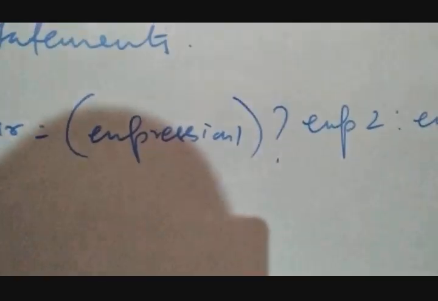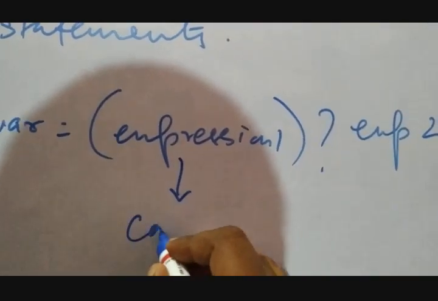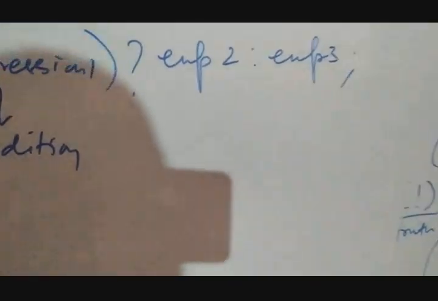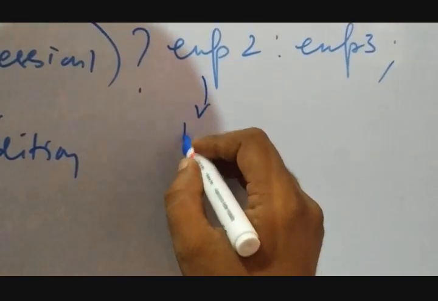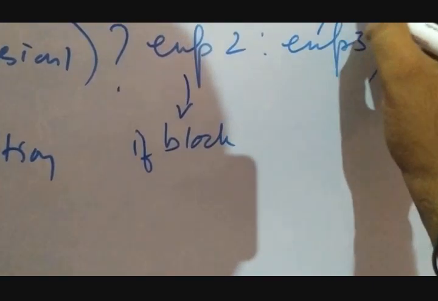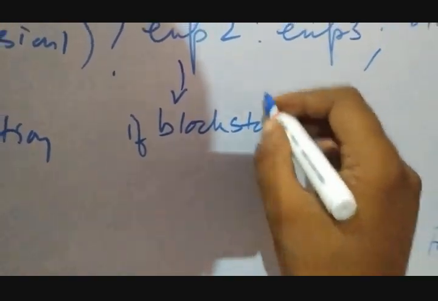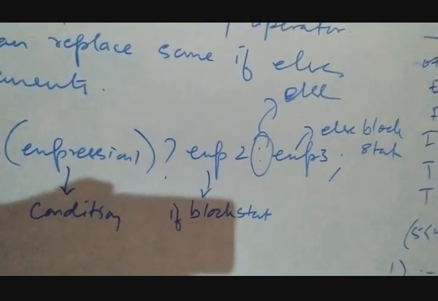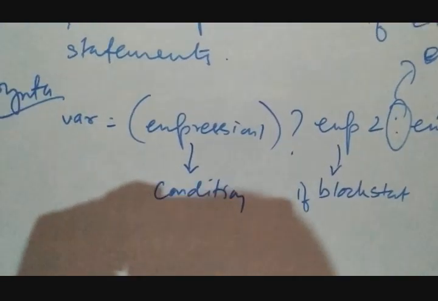Now what is expression 1? In expression 1 we write a condition. Here we write the if block statement. Here we write the else block statement. This is the else.